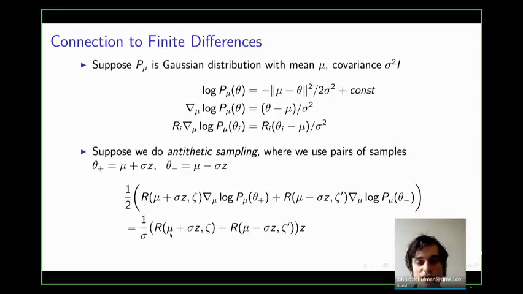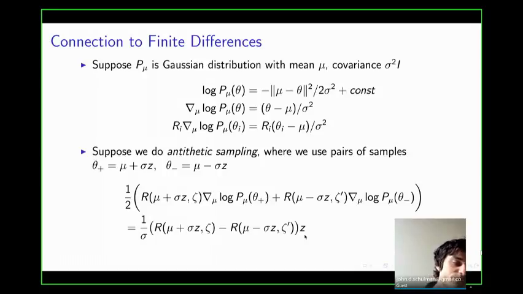So this is just our finite difference, and we're dividing by the size of the perturbation, sigma. So this is just our directional derivative, and then we're multiplying it by the random direction that the derivative is taken in.